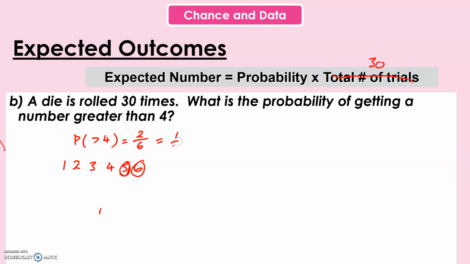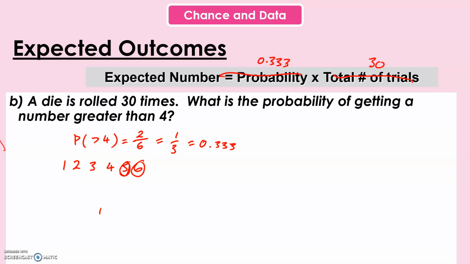So that can be shortened to a third. If we're making it into decimal, 0.333. So then going back to the expected number, that is 0.333.